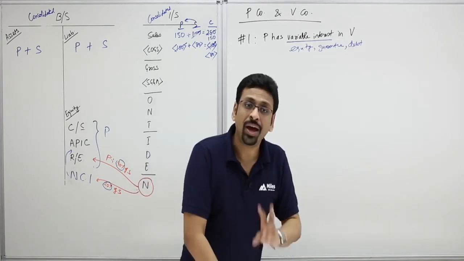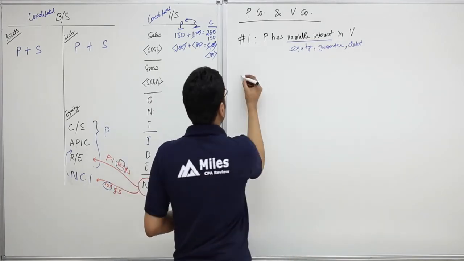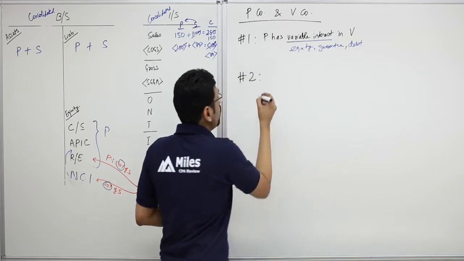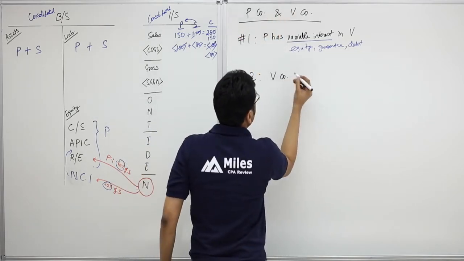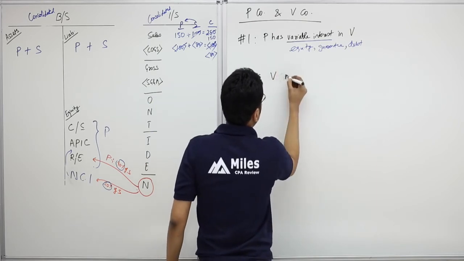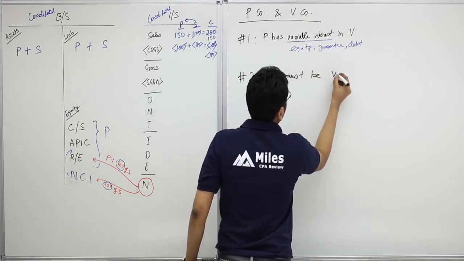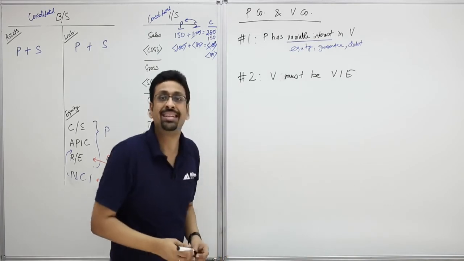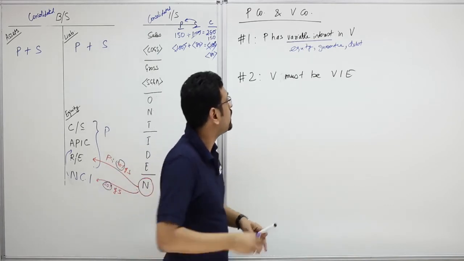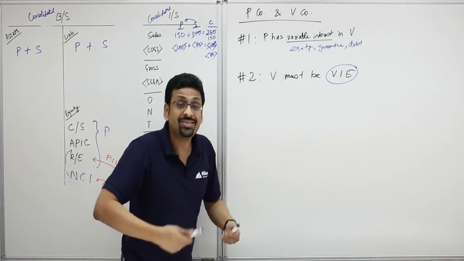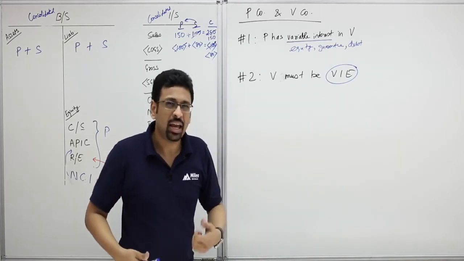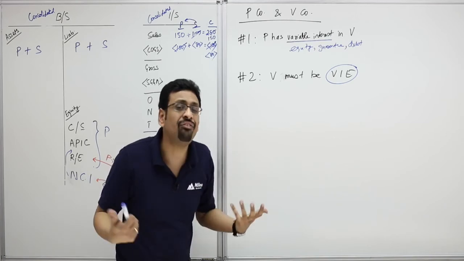Now if condition 1 is okay, then you look at condition number 2. This condition is that V must be a VIE, or a variable interest entity. And that's what we're talking about here. So V is a variable interest entity if it has insufficient equity.